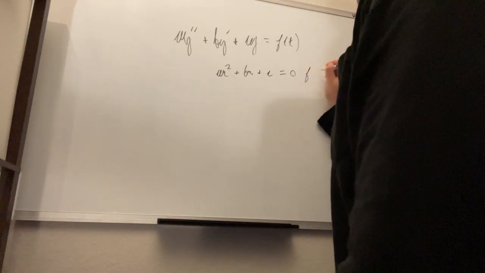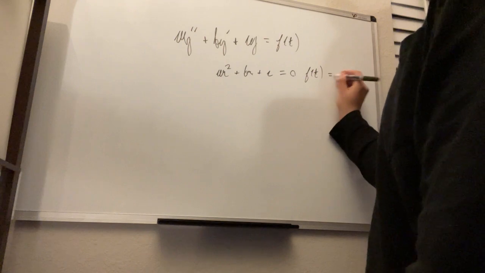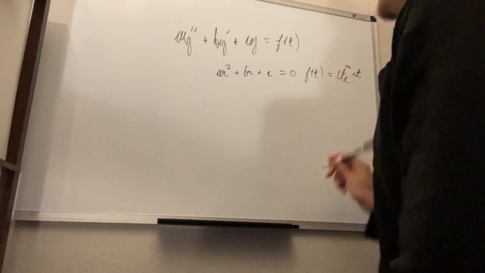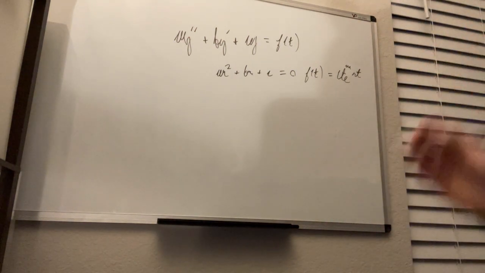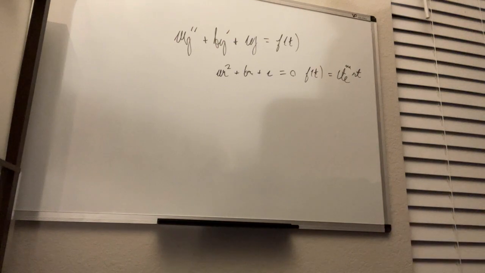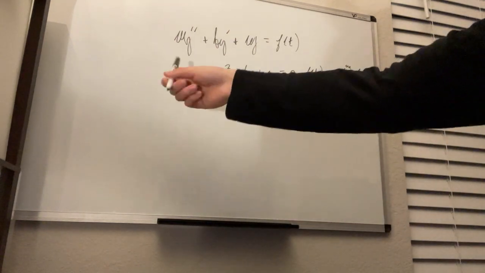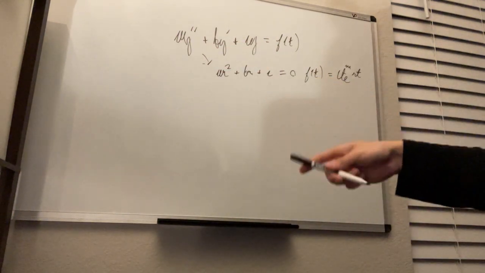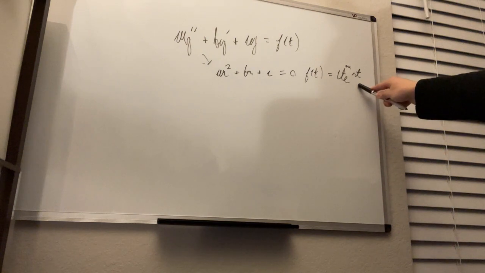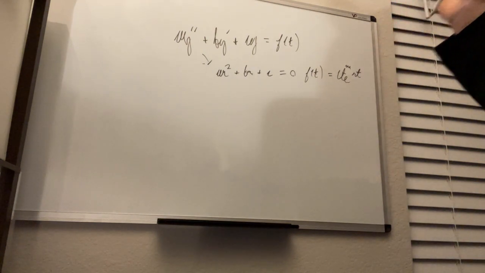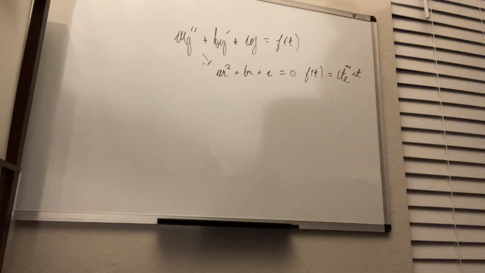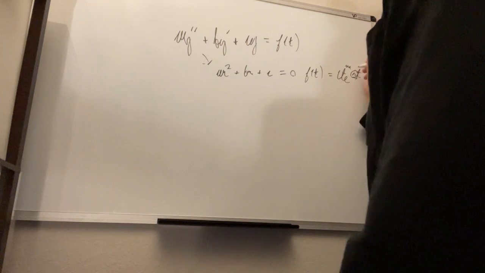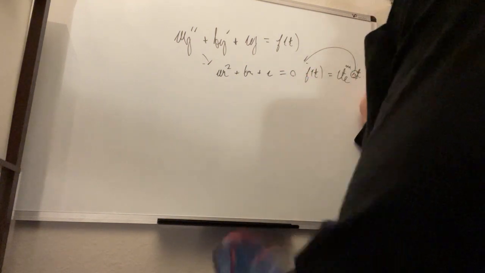Now, if we said that f of t was equivalent to ct to the m times e to the power of rt, I did not put that r in there for no reason, right? If the roots of the associated auxiliary equation match the r in the non-homogeneity e to the rt, then basically one of them is a solution.